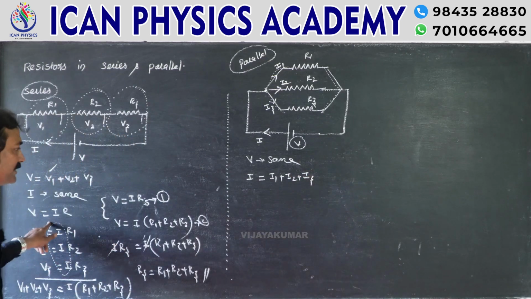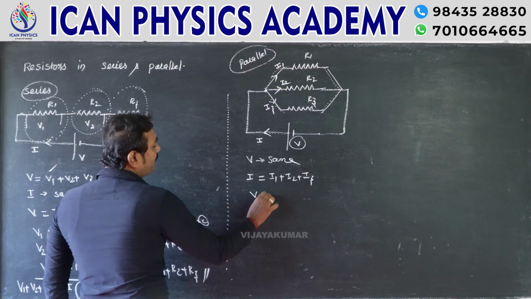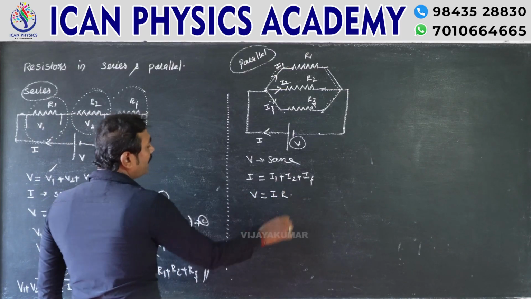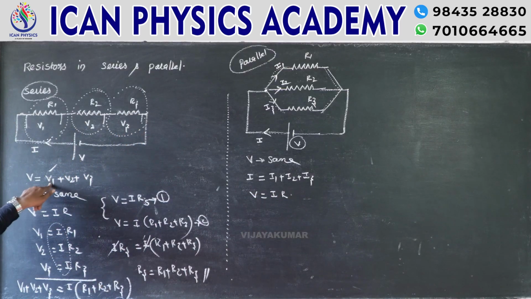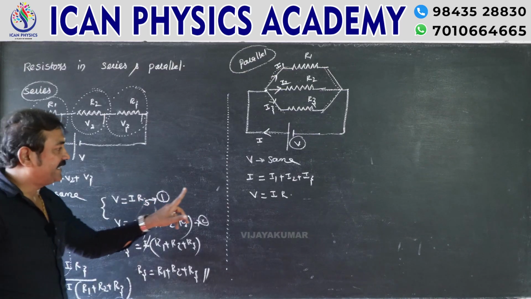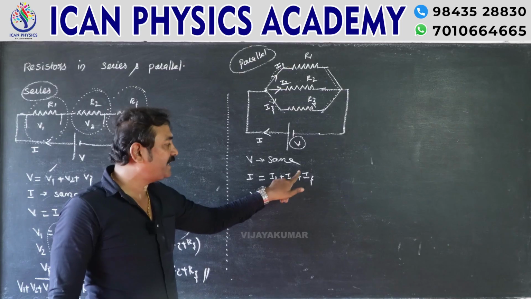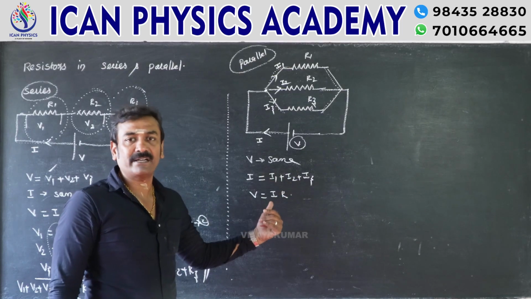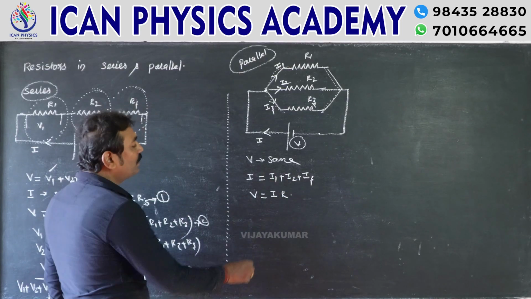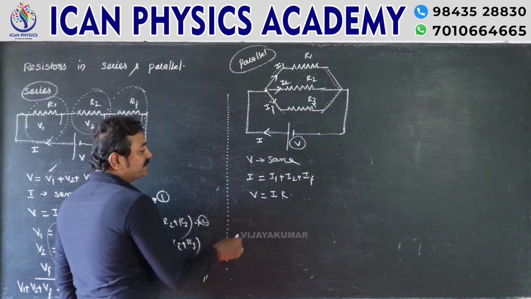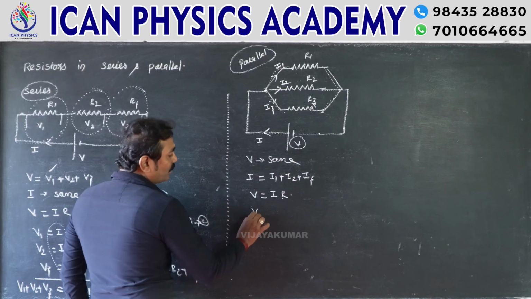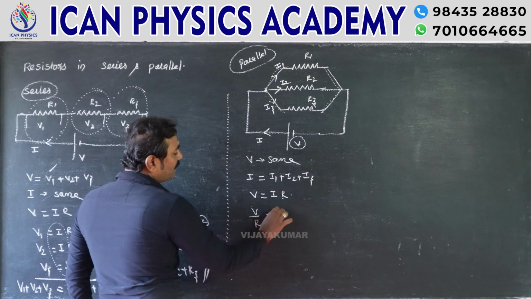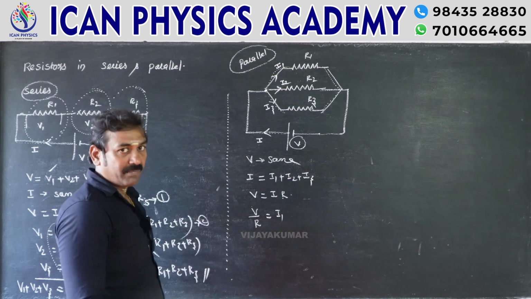We know that V equals IR. Here we have V1, V2, V3 that we calculated. Like that, here we have I1, I2, I3, and we can calculate the value of I. The multiplication R comes to this side as division by R. So V by R equals I1.